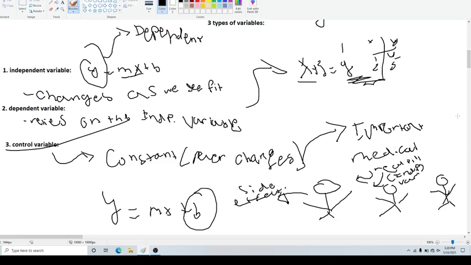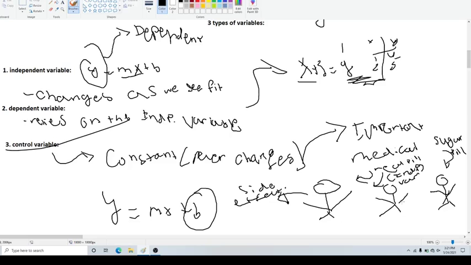Now our control variable, which is our constant, would be somebody getting a sugar pill. A sugar pill would give no side effects, but we could see psychologically what it would do to the people that think they're getting it. So that's how experiments are done within medical trials.